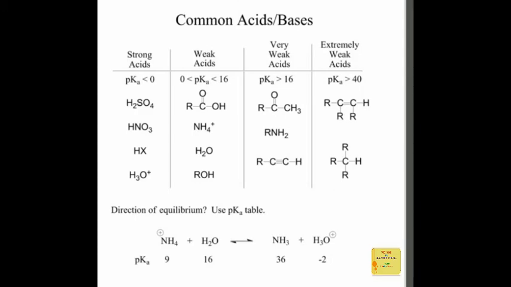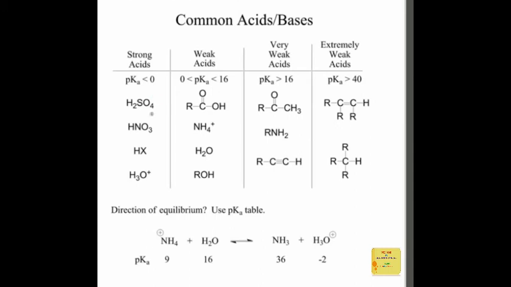Finally, let's take a look at some common acids and bases. Now that we've seen the sorts of things that can cause a compound to be a stronger acid or a stronger base, let's summarize some of the things that we should know moving forward. Strong acids are defined as those with negative pKa's. These are things that when in water will completely dissociate, will completely protonate water.